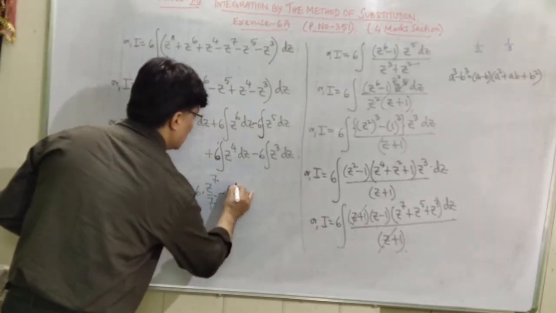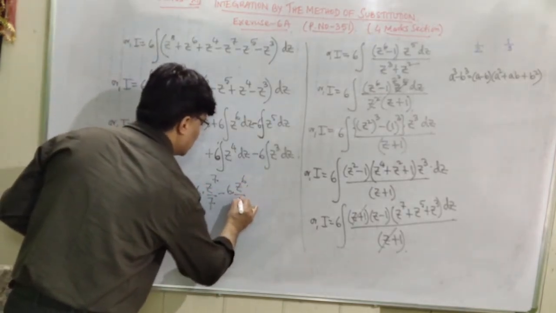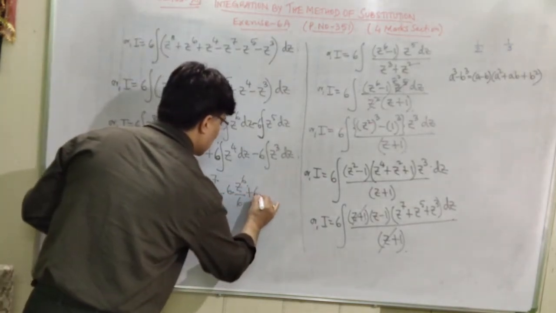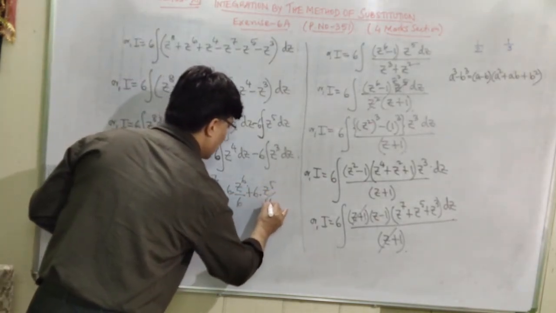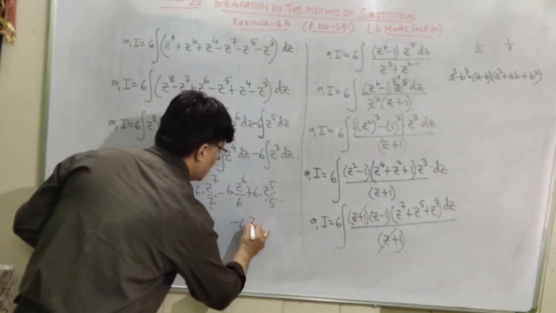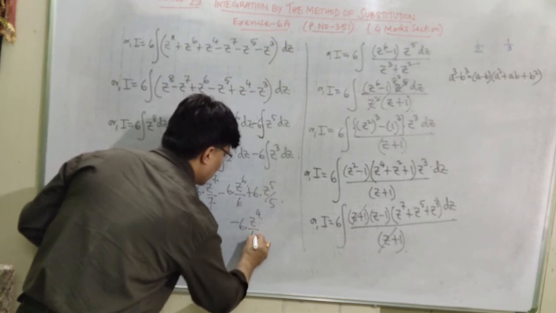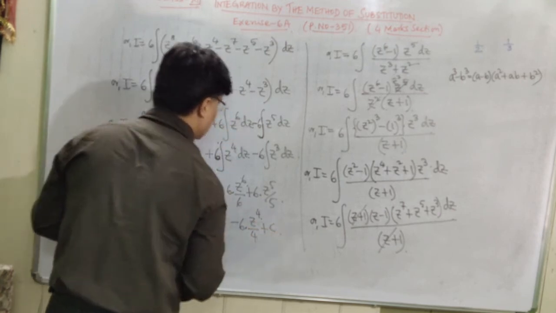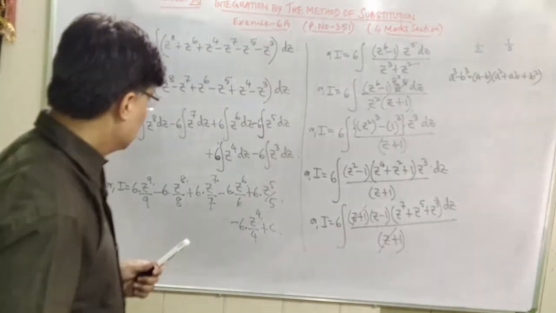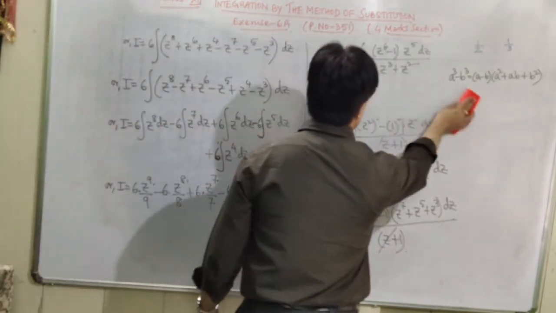Minus 6 into, what is the integration of z to the power 5? z to the power 6 by 6, plus 6 into this is z to the power 5 divided by 5. Then what is the last one? Minus 6 into z to the power 4 divided by 4. Then it is plus c. Is that clear now?